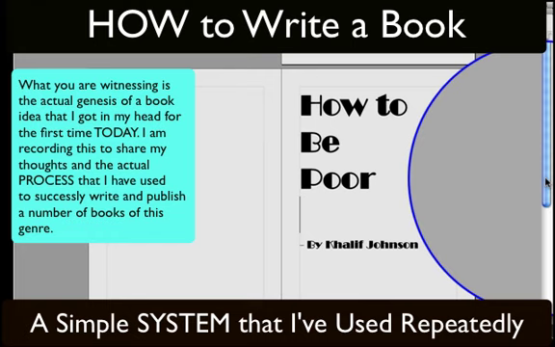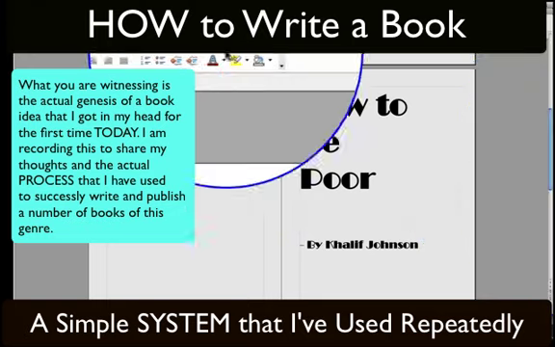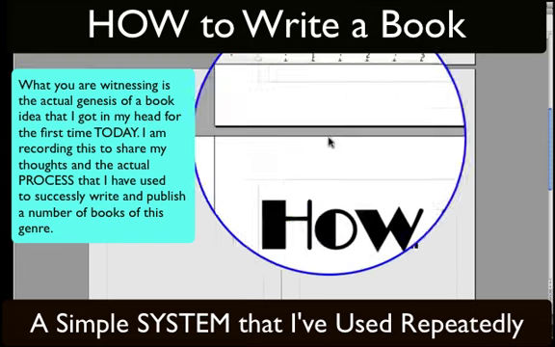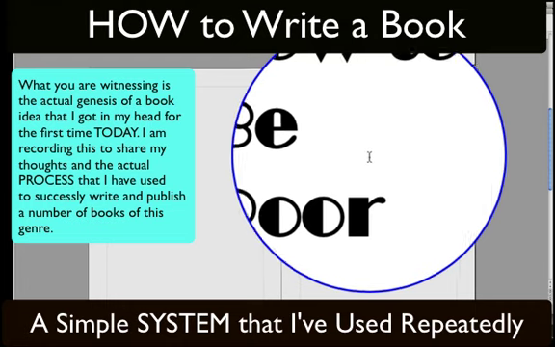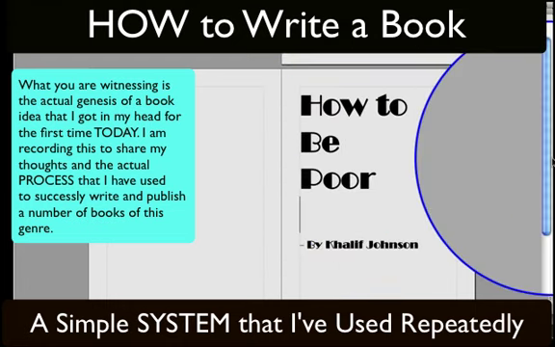And instead of just keeping that title in my head, I put it on paper, or in this case, on computer screen. I can walk away from this and not do anything else today. At least I have started a book, and the book is called How to Be Poor. I simply would save this to my computer. I can come back to it anytime and work on it. Okay? Because I've at least started it.